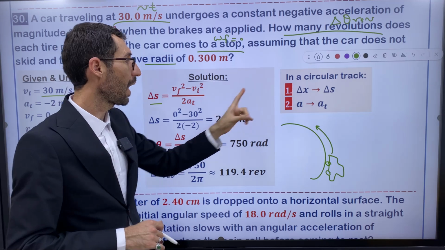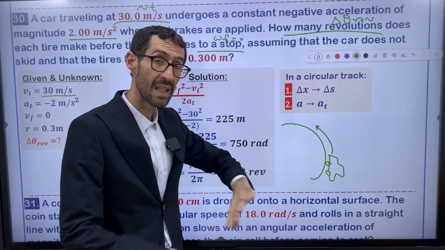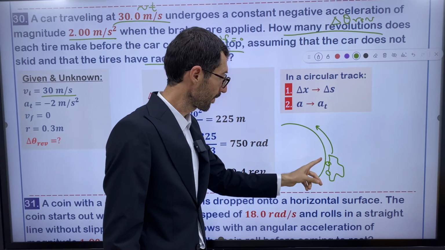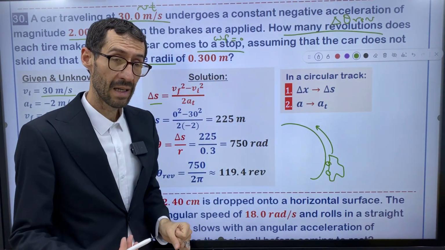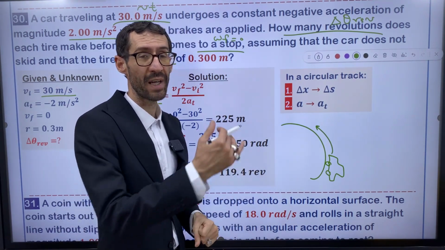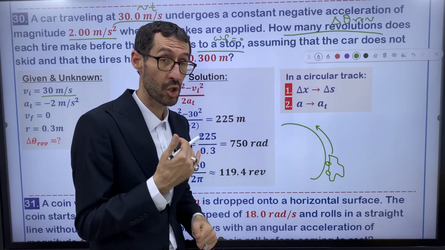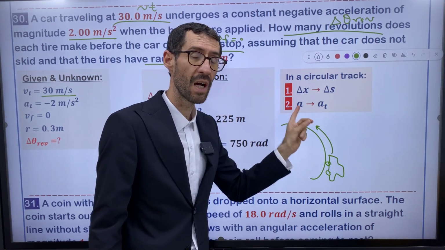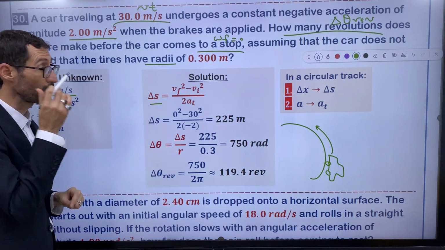That's why I turn delta X to delta S because of the track. And the acceleration is not a normal acceleration because the car travels along a circular track. That's why acceleration becomes tangential acceleration.